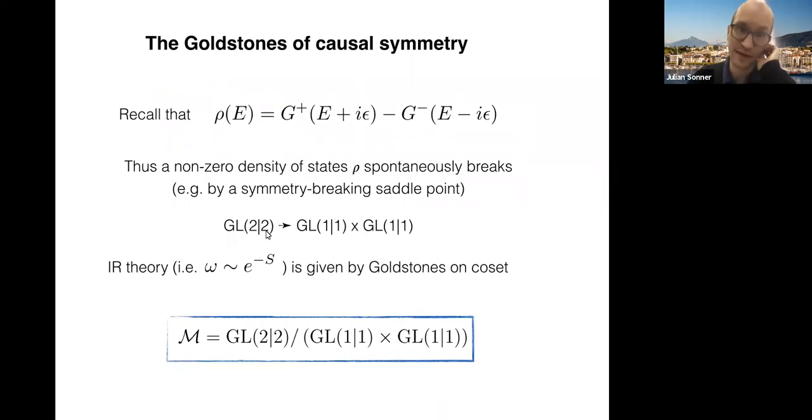So in particular, this remaining GL2/2 symmetry has to be broken into the only thing that remains, which is that the retarded and the advanced degrees of freedom can separately be rotated: GL1/1 times GL1/1. And this now gives a spontaneous breaking of that causal symmetry, and therefore a Goldstone effective action, which is described by this coset: GL2/2 divided by GL1/1 times GL1/1.